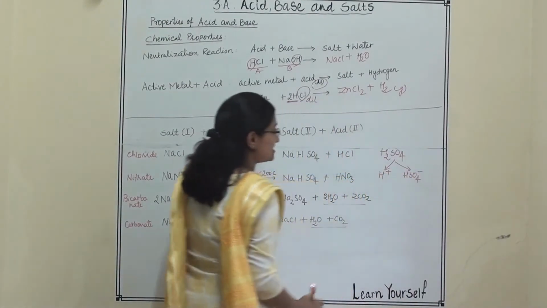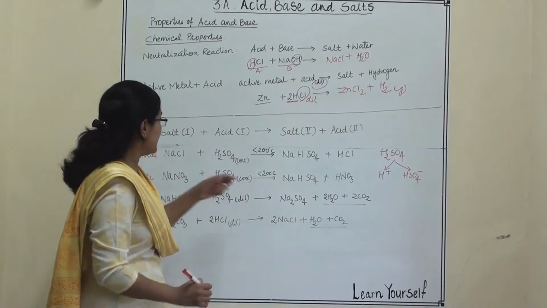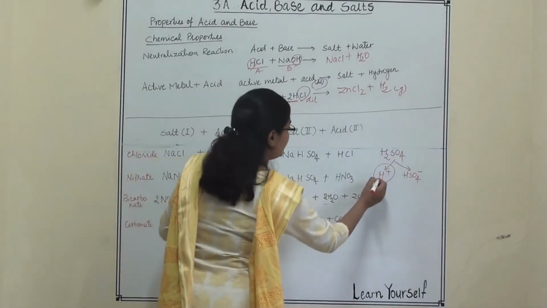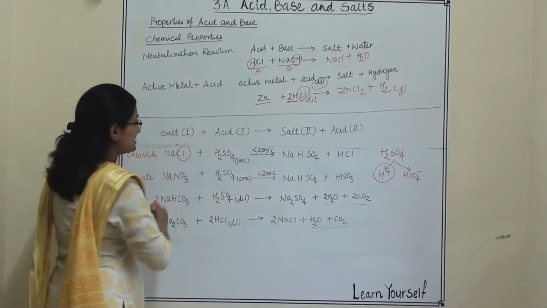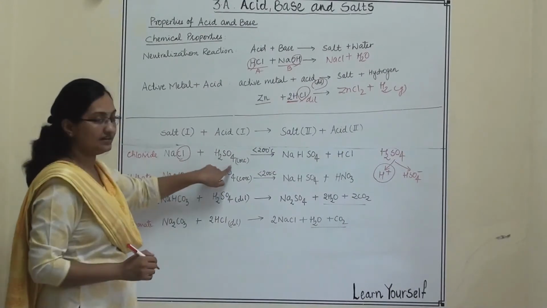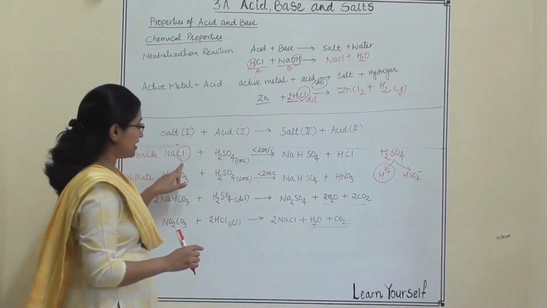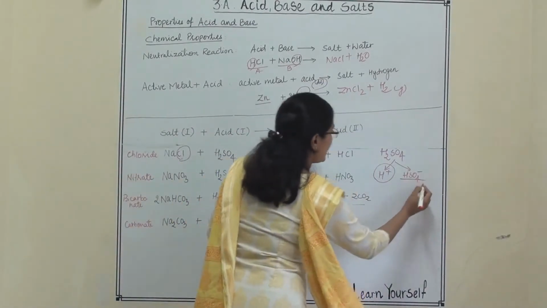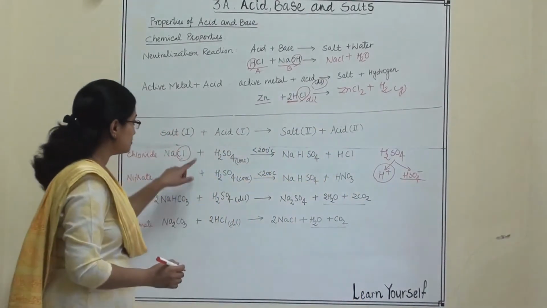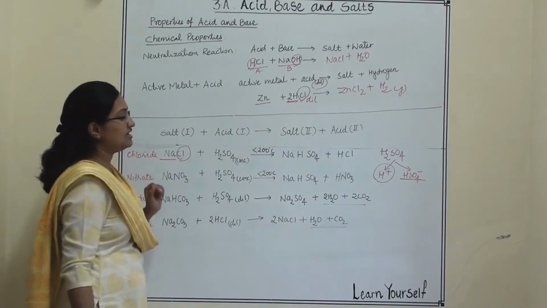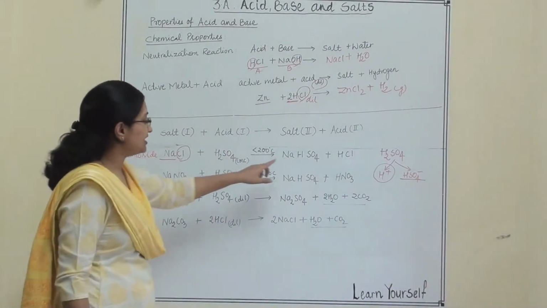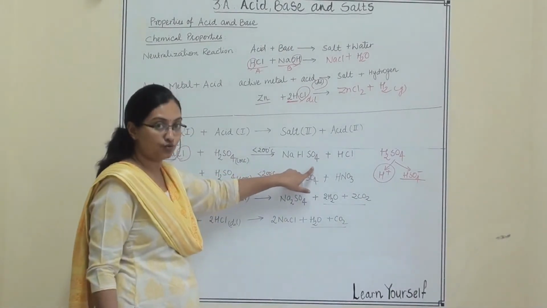So this H plus will react with this Cl minus, and the remaining HSO4 minus will react with Na plus. So it will give us NaHSO4.